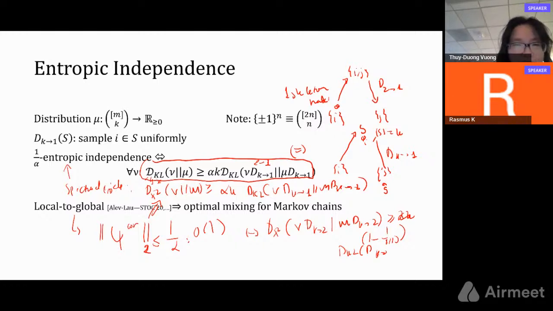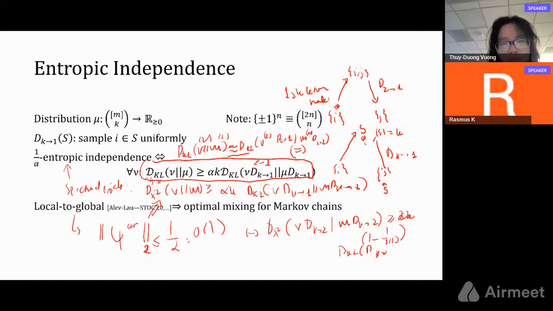So there is this mu where the DKL of nu and mu is pretty much equivalent to, okay, mu2 d2 to 1 and mu2 d2 to 1. So there are some distributions where these two things have very small difference, but this thing still holds. So somehow k to 1 is the right notion here, not 2 to 1.